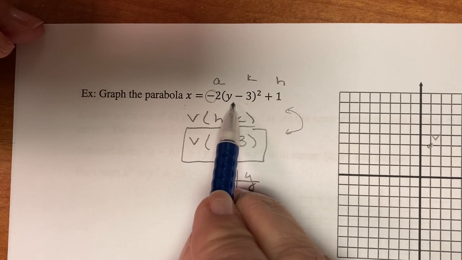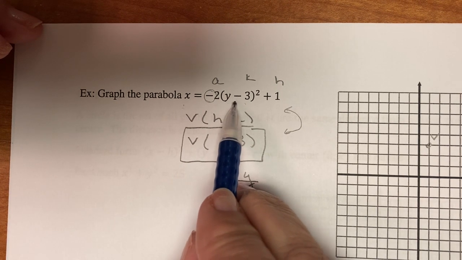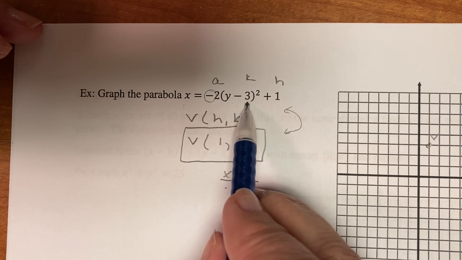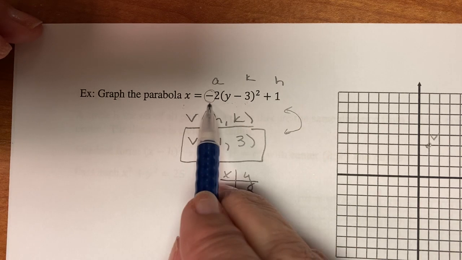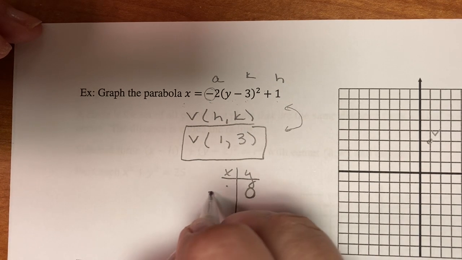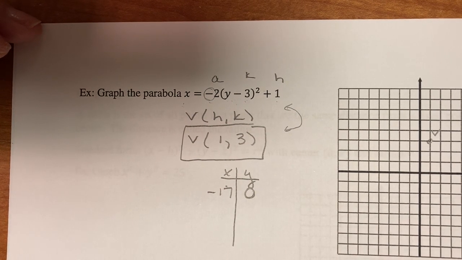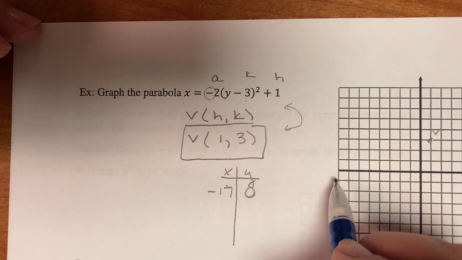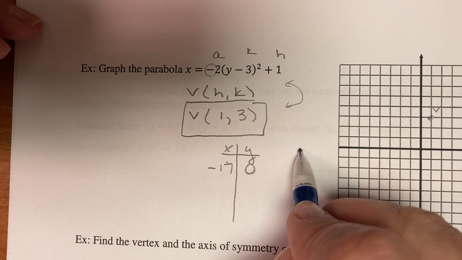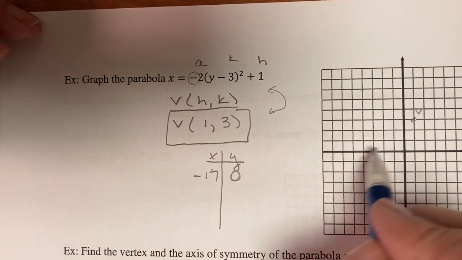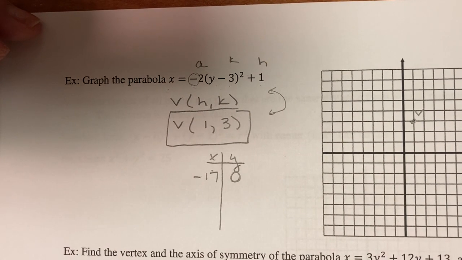If I plug 0 in for y, 0 minus 3 is negative 3, squared is 9, times negative 2 is negative 18, plus 1 is negative 17. So that means it crosses the x-axis at negative 17, 0. Well, I can't really graph that. It's going to be way out here. But that makes sense because we know that it turns to the left.